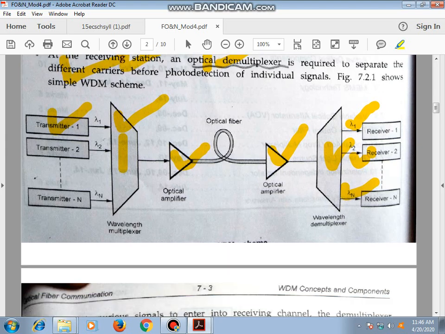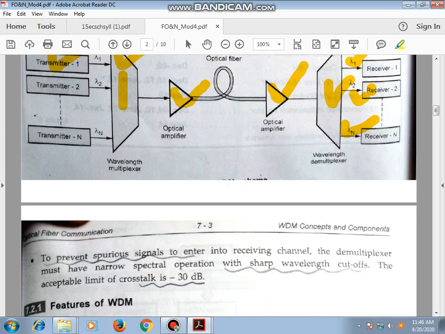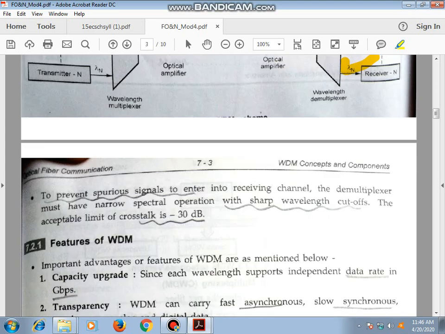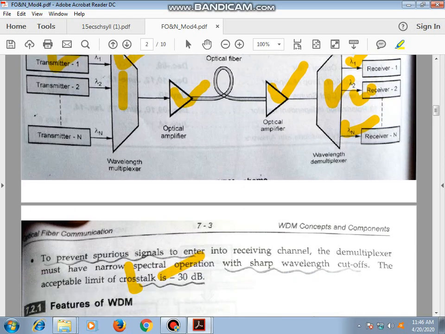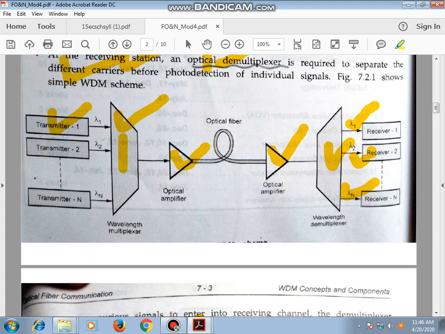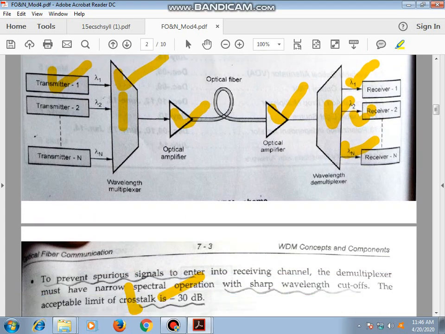Here you can see this at the receiver in the diagram. To prevent spurious signals from entering the receiving channel, the demultiplexer must have a narrow spectral operation with a sharp wavelength cutoff. The acceptable limit of crosstalk is minus 30 dB. This means that from the transmitter side you can get some dispersed light signal, but you shouldn't receive this dispersed light signal at the receiver side.